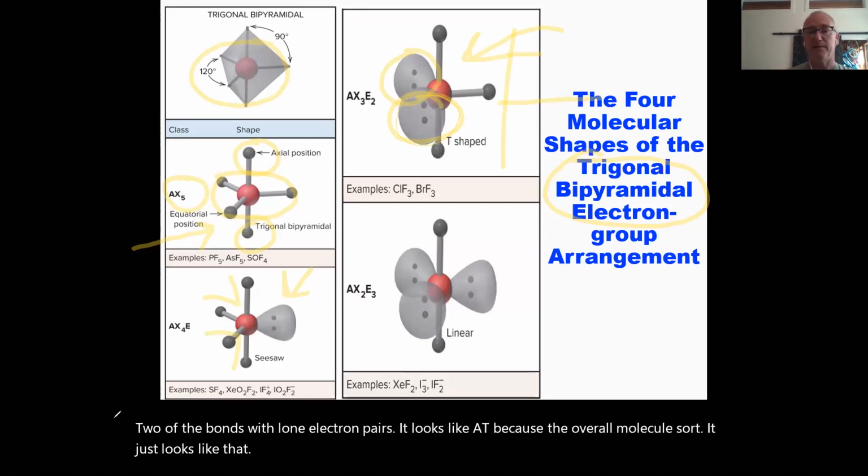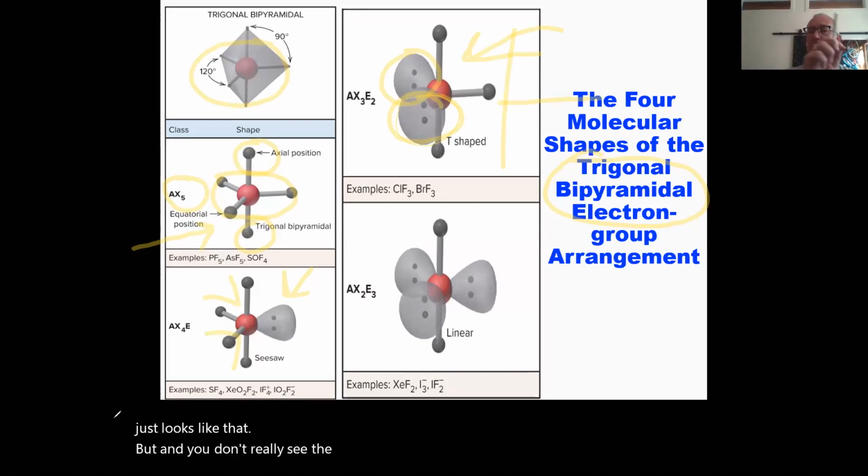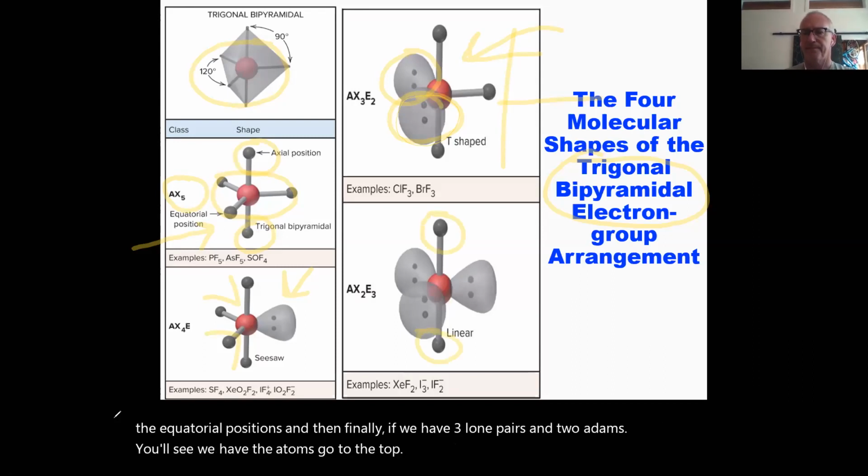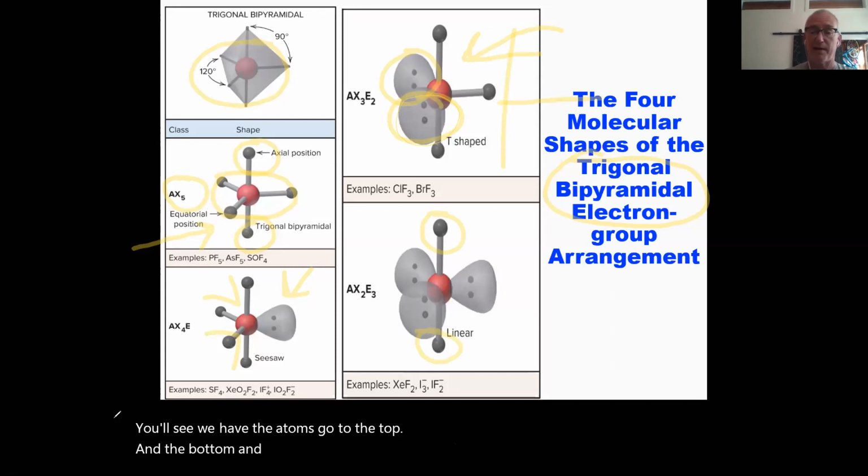And you don't really see the 2 lone pairs that are spinning around what we call the equatorial positions. And then finally, if we have 3 lone pairs and 2 atoms, you'll see the atoms go to the top and the bottom, and the electrons go around the outside.